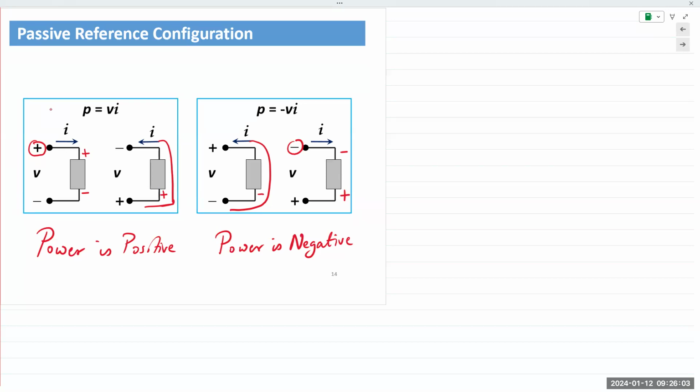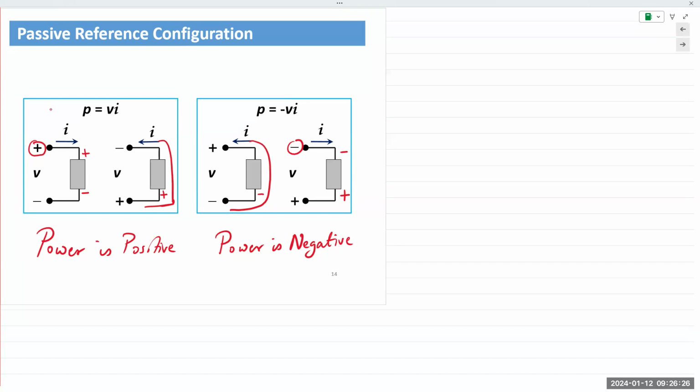Yes, that is absolutely correct. The question being asked was if the current value was given to us as negative, then would it mean that the flow of the current or the arrow should be switched? And the answer is yes, absolutely. A negative for a current or a voltage simply means that the direction or the polarity is switched.